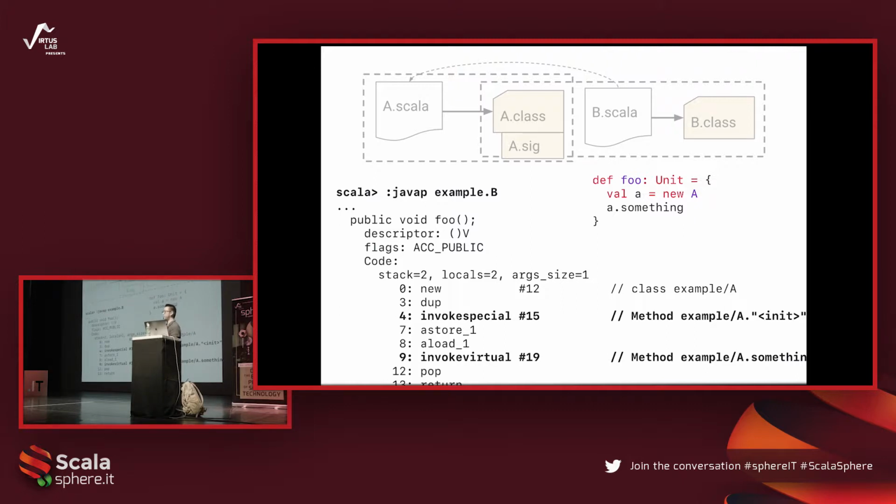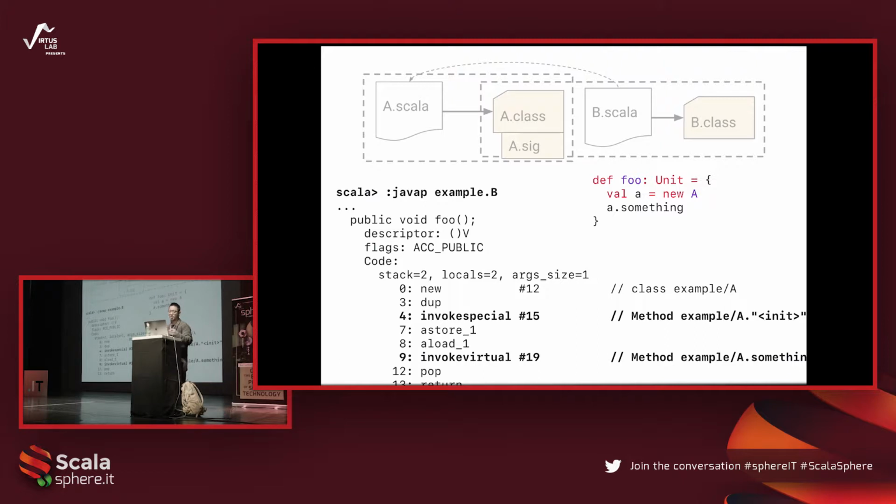This is a useful technique that people can just go home and try. In there, there is the point at which I'm calling new A, and that's invokespecial 15. 15 is just some number that the compiler assigned for that name, so the number doesn't really matter. What matters is the invokespecial part.